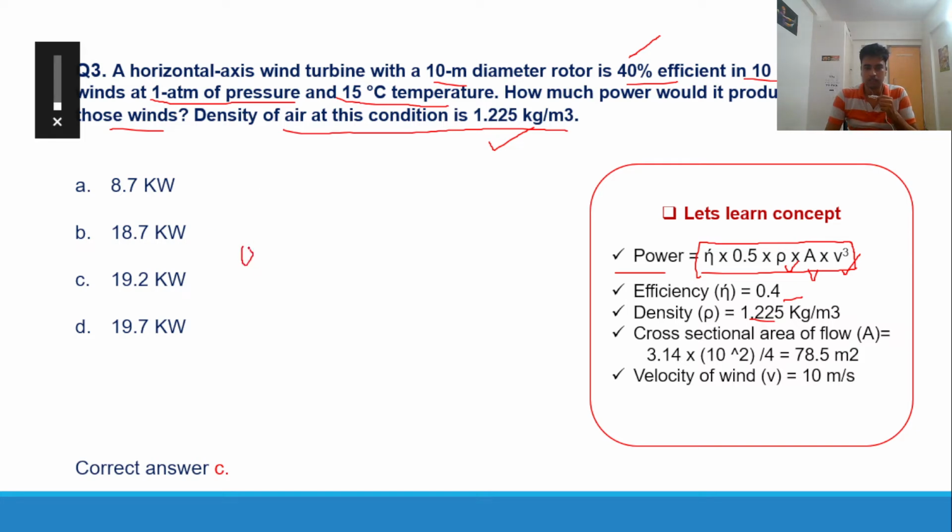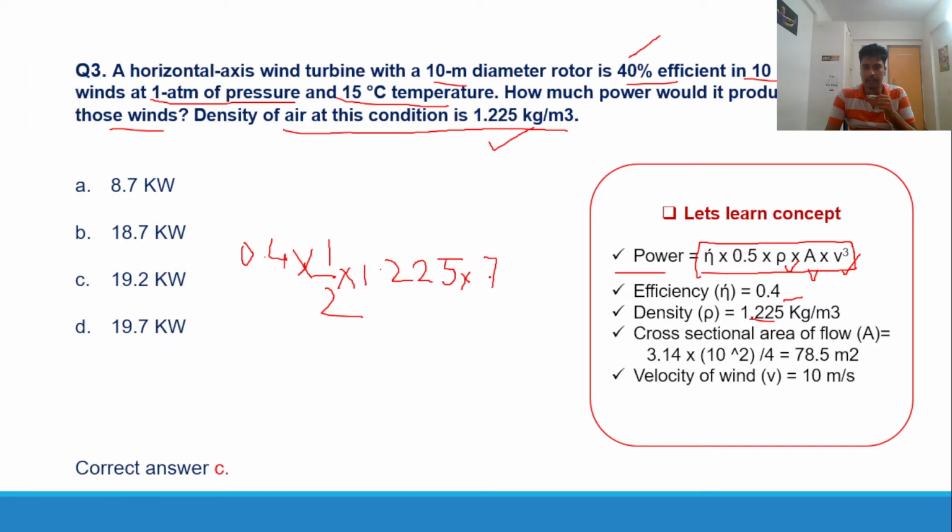So we just put 0.4 into 0.5. 0.5 is just 1 by 2, into 1.225, into 78.5, into velocity cube, 10 meter per second cube.